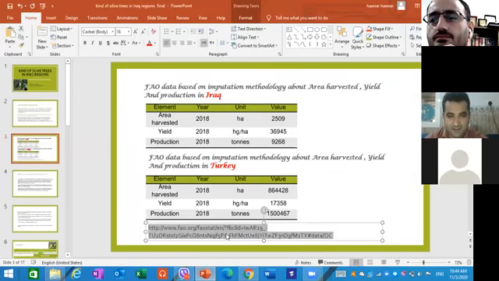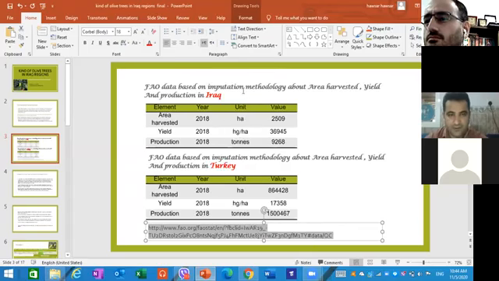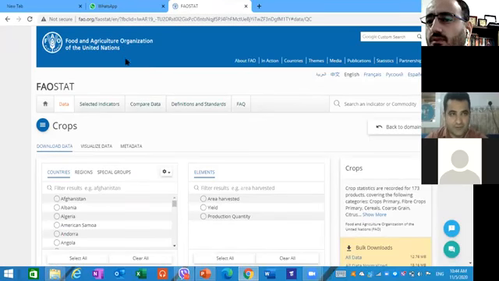I want to say we can copy this link for other students. Maybe if you search, you can find analysis of data. This site is the database of the Food and Agriculture Organization, FAO, for the whole world.